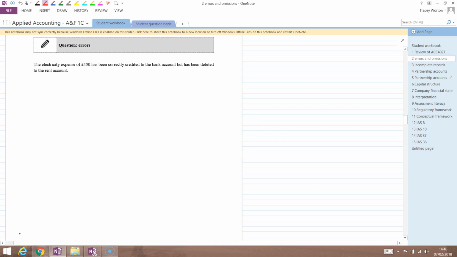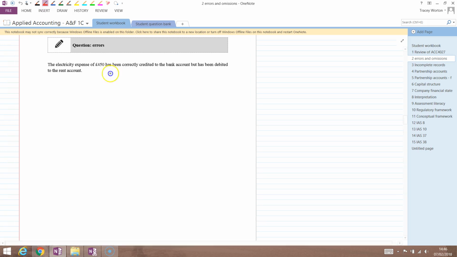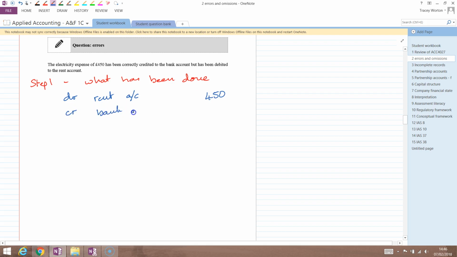So let's have a look at a short example. So the electricity expense of £450 has been correctly credited to the bank account but has been debited to the rent account. So step 1, what has been done? So we have debited the rent account with 450 and we have credited the bank account with 450.